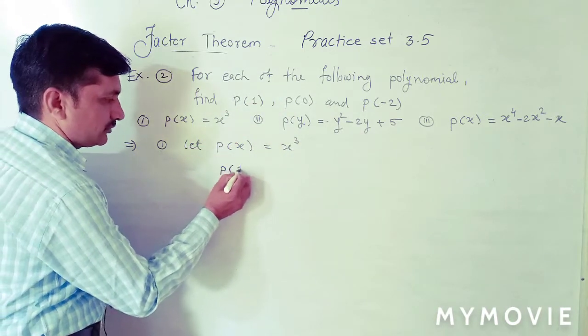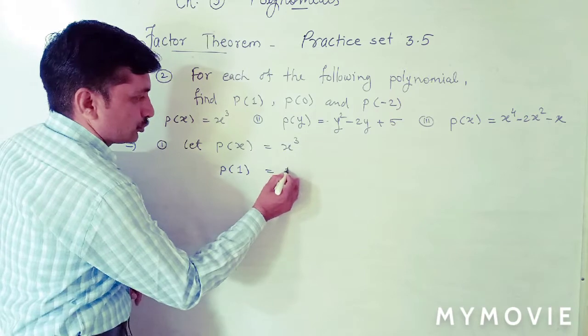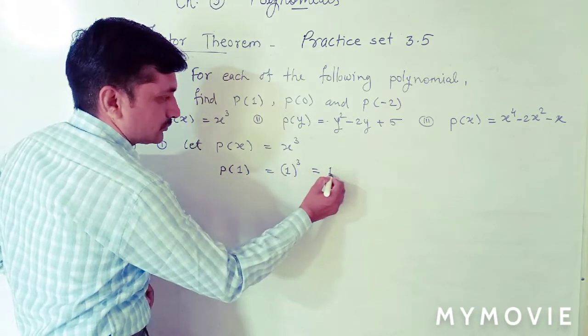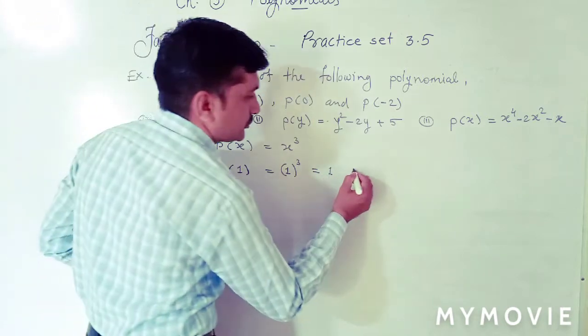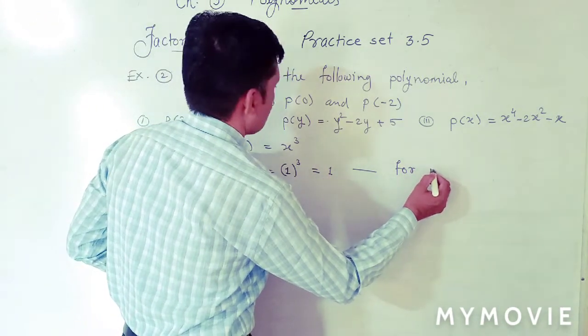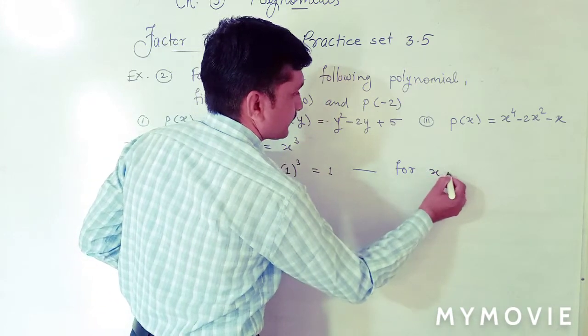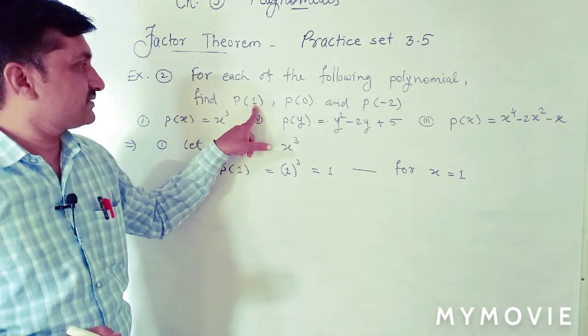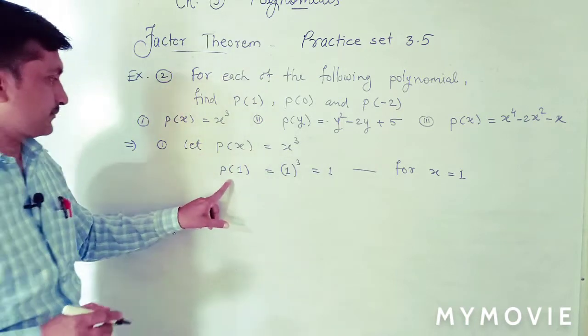P of 1 is equal to 1 cube, and the value of 1 cube is 1. Here we have put x is equal to 1 first.